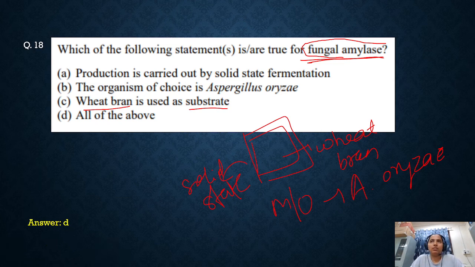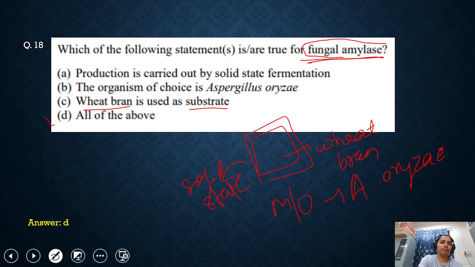For bacteria we usually prefer a different type of production, submerged, but for this, solid state fermentation is preferred. So for this question the answer is D, all of the above.